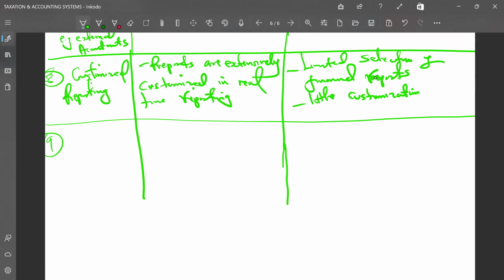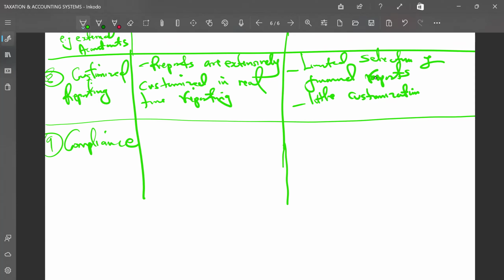Remember, tax is a cost, tax is an expense, and we are looking at reducing our costs as we maximize our returns. So as a business person, when we look at the functionalities of these systems and the differences between the cloud-based and desktop-based versions, we have to look at the compliance part. Very important. So we ask ourselves, how does a cloud-based system handle compliance?